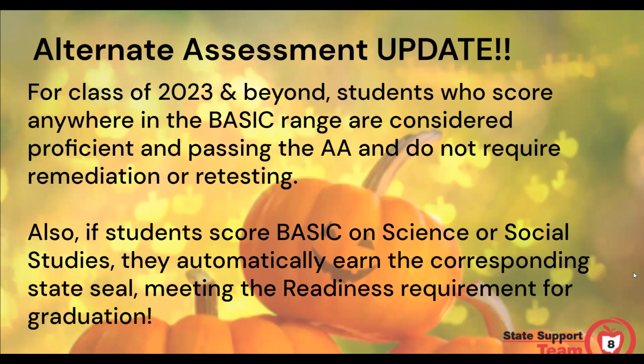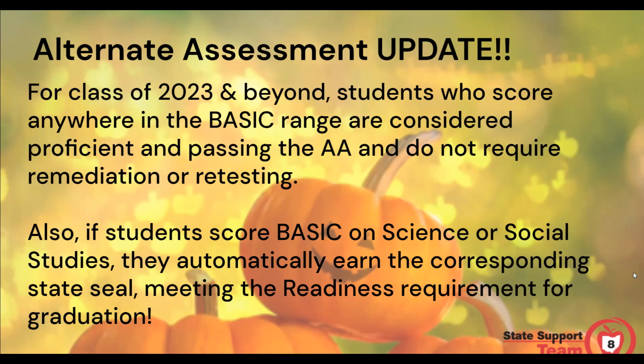Right. And the only thing I would add, Helen, is we just want to stress, as Helen said, there's a little bit of confusion because we used to talk about they had to score proficient, which was that 500. But now anything in the basic range, even if it's the lowest score in the basic range, we want to stress that is considered passing. So that now is the proficient.